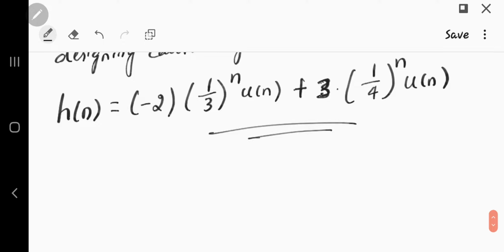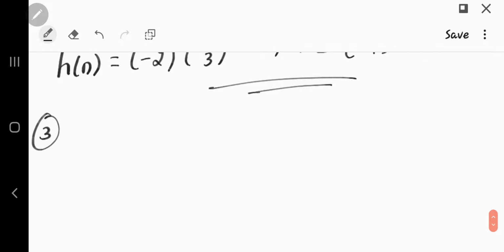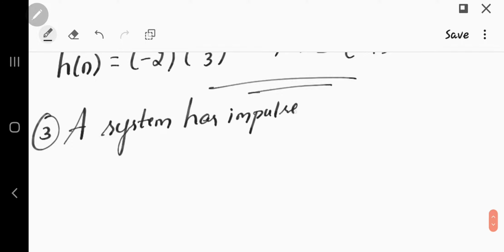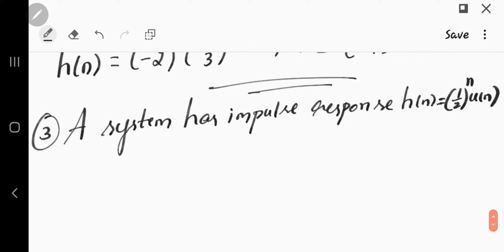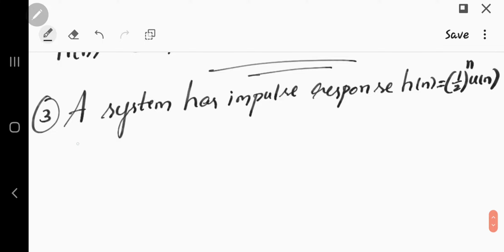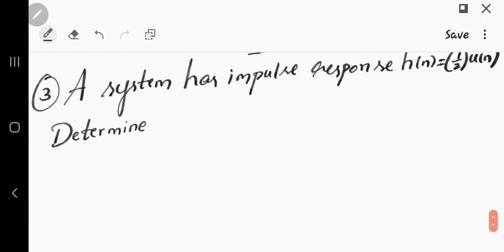Coming to the next problem, a system has impulse response H of n equal to 1 by 2 to the power of n into u of n.